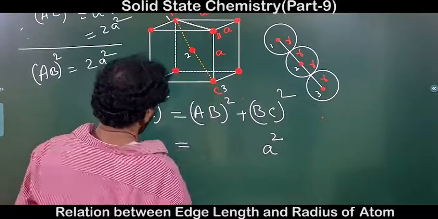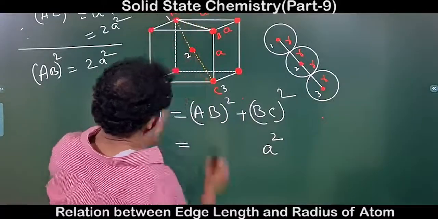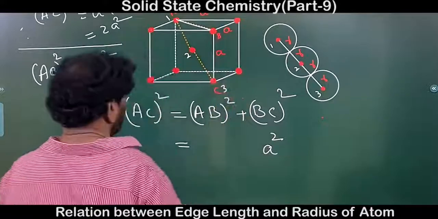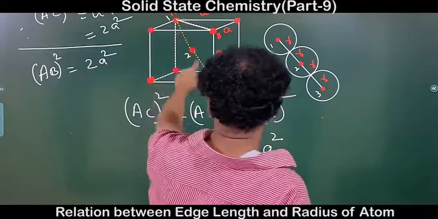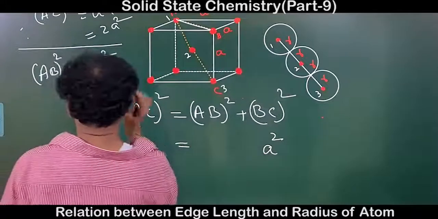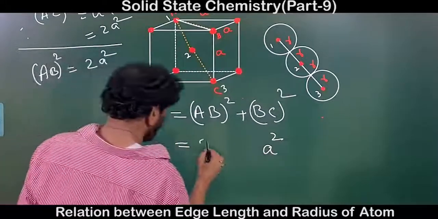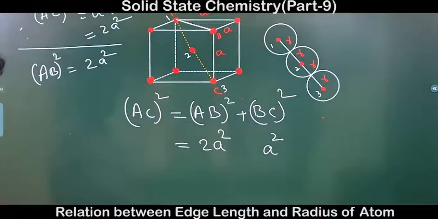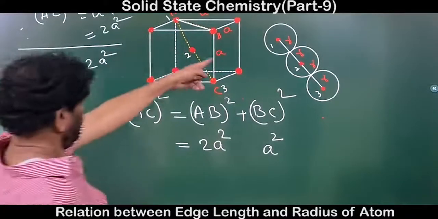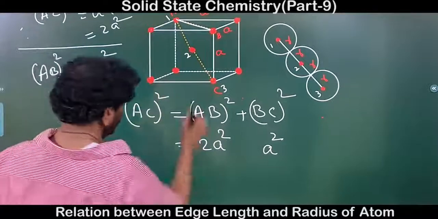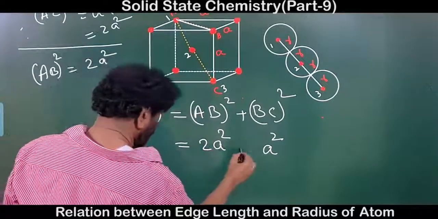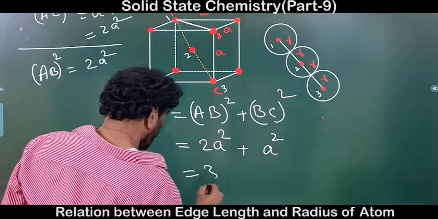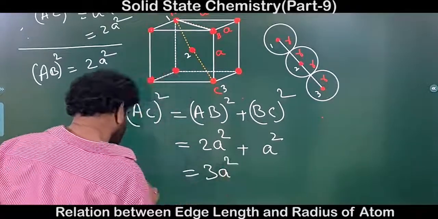Therefore, AB square is 2A square, plus A square, that is 3A square, and this is AC square.